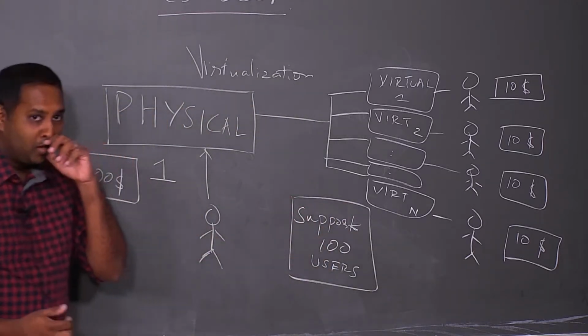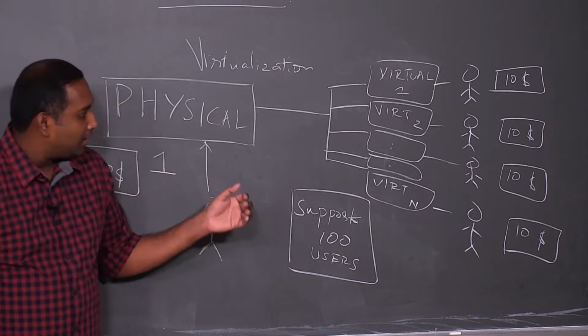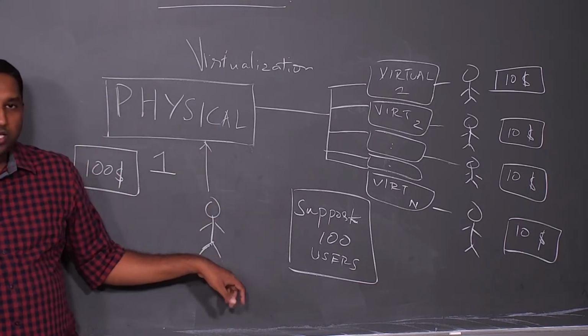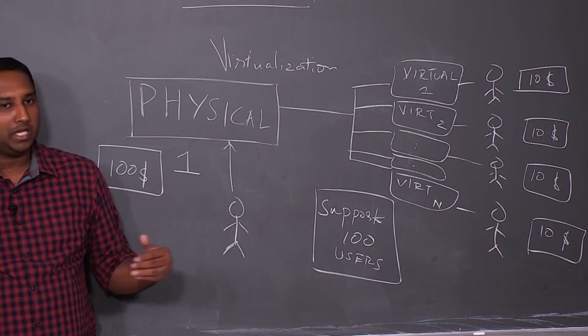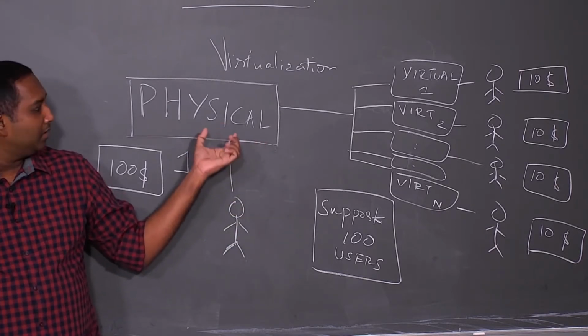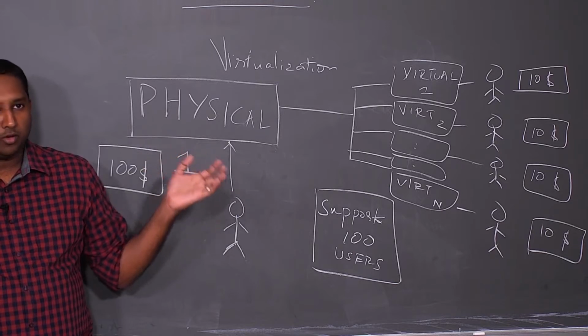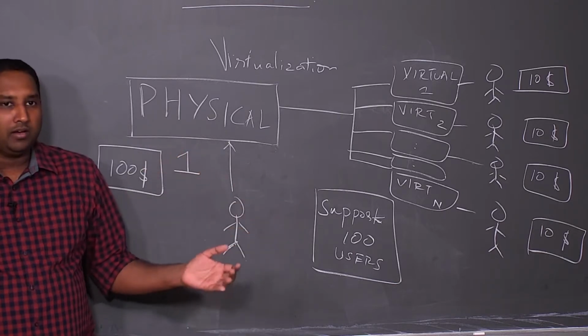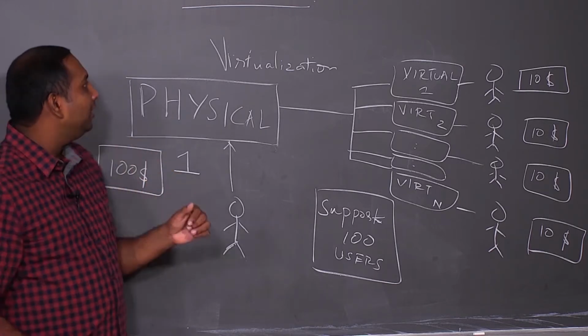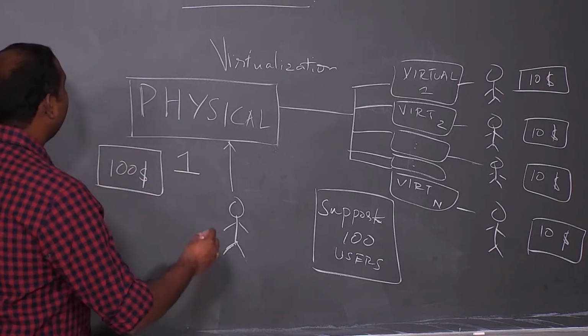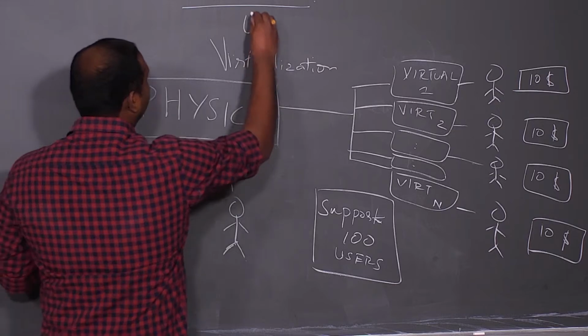Okay. So why is this the case? Because it turns out that every user really has low requirements of the machine. So for example, let's say that the physical machine had lots and lots of cores, and this guy was actually using only one of those cores, right? So all of the other cores were underutilized. So that's really the key thing driving virtualization.